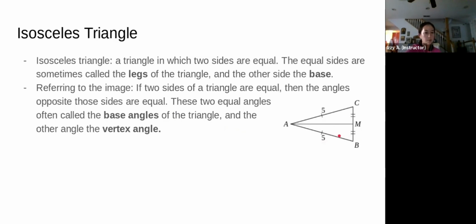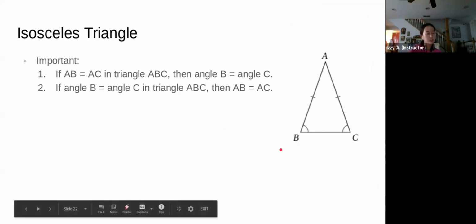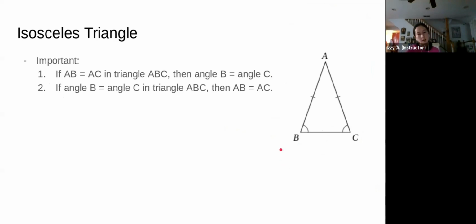The base angles will be touching the base, and the other angle is going to be the vertex angle. I think this is maybe a better image of an isosceles triangle. This is how I usually imagine what isosceles triangles look like.